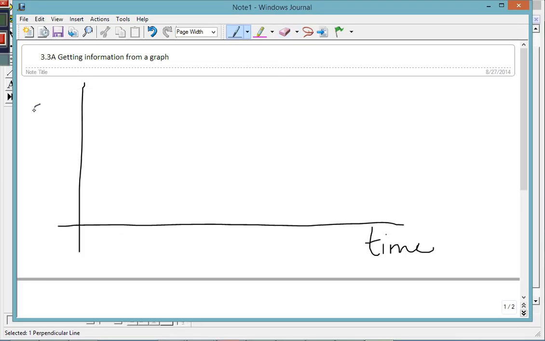speed. If this is speed over here, or velocity, the graph can turn out looking totally different than you might expect. Because say we wanted to graph the speed that your car goes in the morning, right? So it starts at 0 because it's stopped.